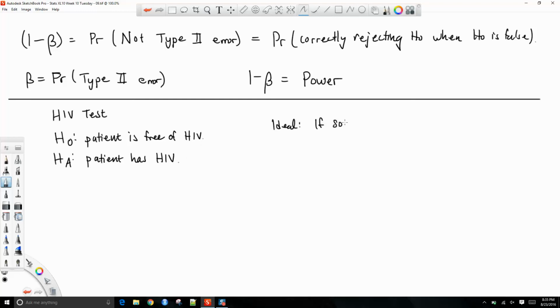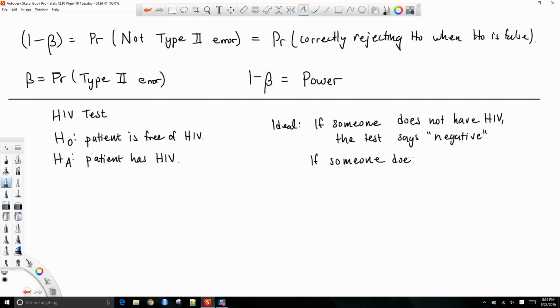In the ideal scenario, if someone does not have HIV, the test says negative, and if someone does have HIV, the test says positive. Okay? Type 1 and type 2 errors.